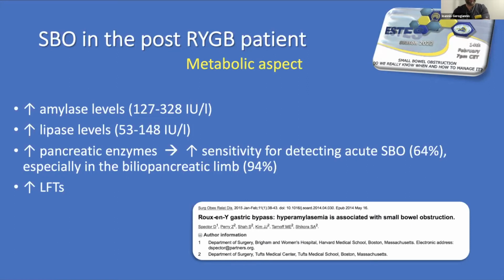High lipase levels, elevated pancreatic enzymes, show a high sensitivity for detecting acute small bowel obstruction, 64%, and especially if the obstruction is in the biliopancreatic limb, it's 94%. Deranged LFTs.